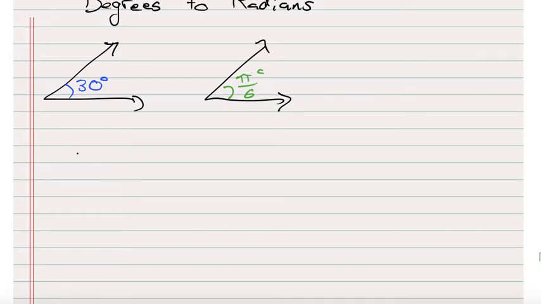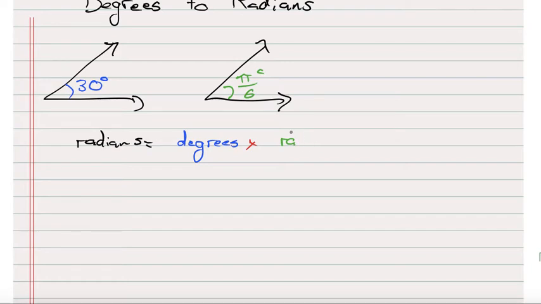Well, the way in which you can do it is we can say radians equals the degrees, multiplied by pi radians divided by 180 degrees.